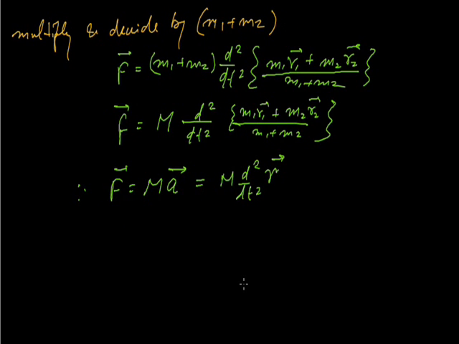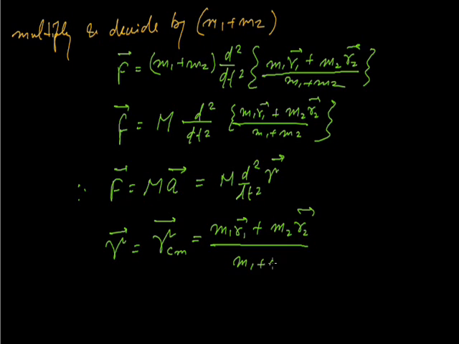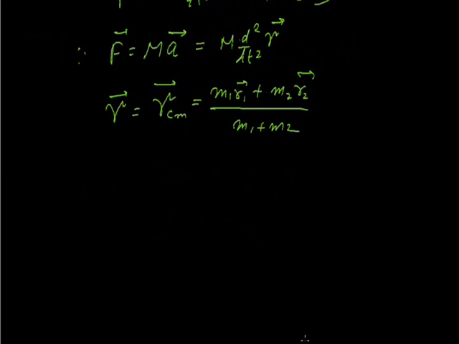Here R will be RCM, where R vector is equal to m1 r1 plus m2 r2 upon m1 plus m2. So it is called RCM, the center of mass of the two particle system.